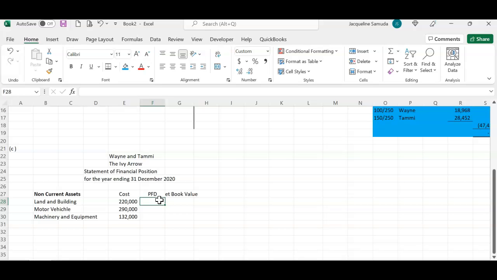So the provision for depreciation for the building was originally $45,000. It was 10% of the net book value of $220,000 minus the provision figure of $45,000.